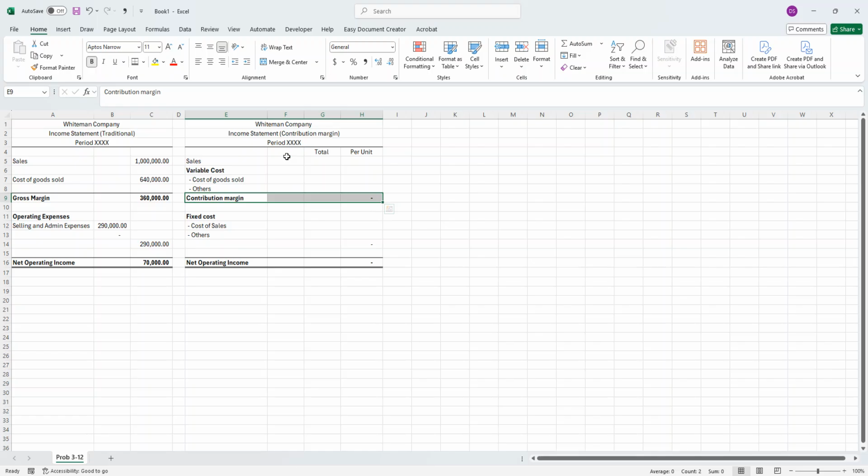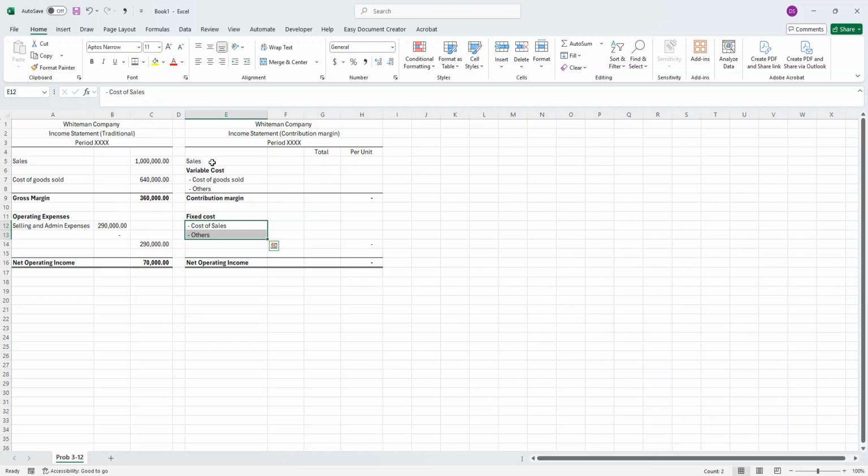So to do the income statement for contribution margin, we need to look at each of these expenses that are given, the cost of goods sold, selling and admin, and identify which ones are my variable costs. You list all the variable costs first. Then anything that's fixed, regardless of whether it's manufacturing or non-manufacturing, we list at the bottom.